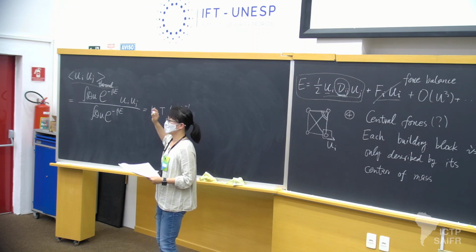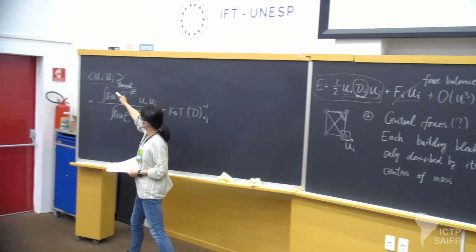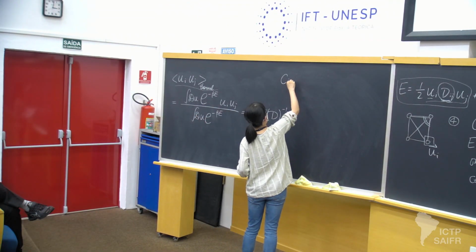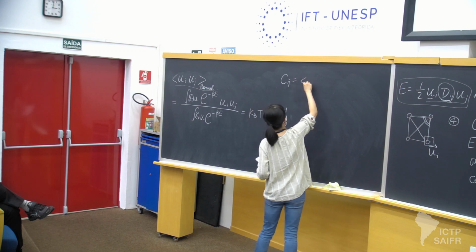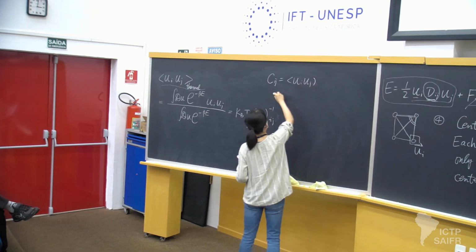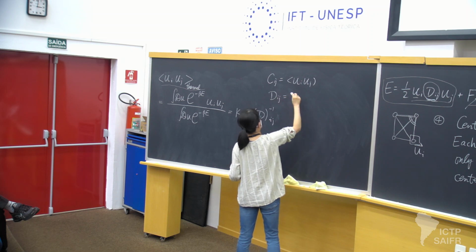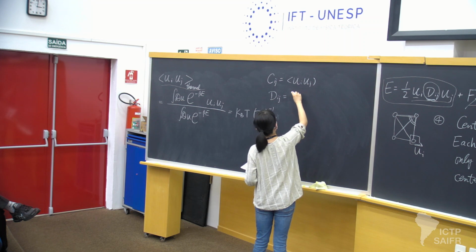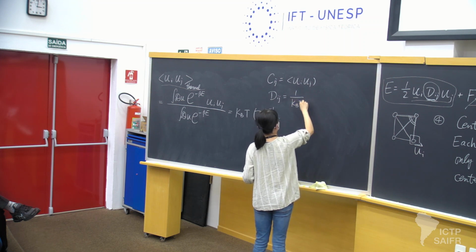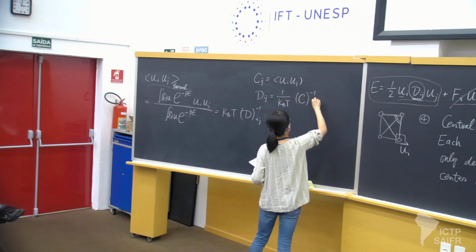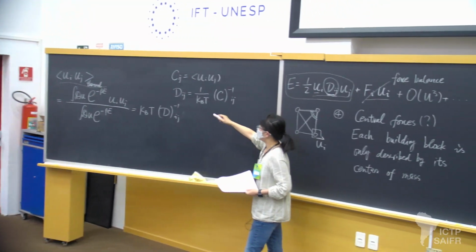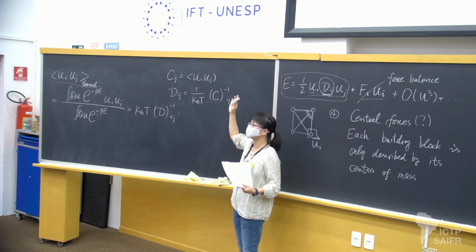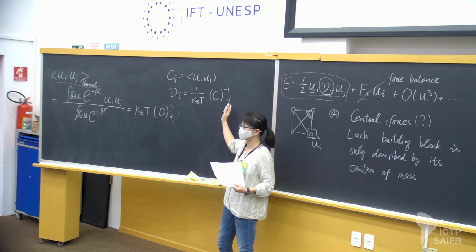If I define C_ij to be the average of u_i u_j, then D is supposed to be 1 over k_B T times C inverse_ij. I just take this high-dimensional real space correlation function matrix, and I take its inverse.